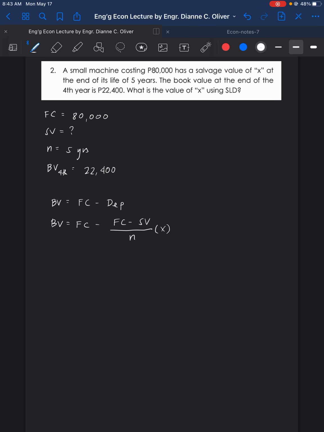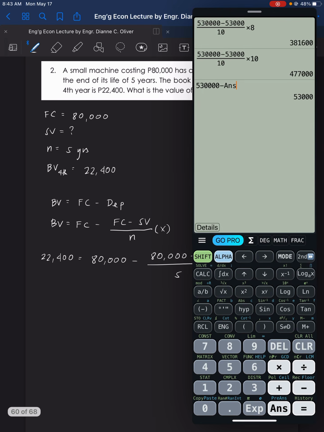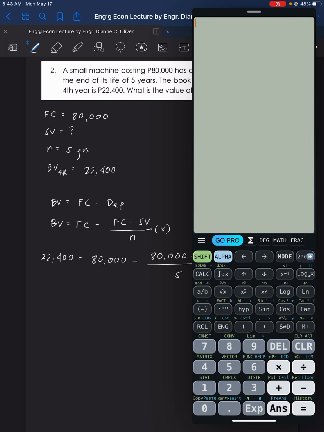So we have here the book value in the 4th year as 22,400 equals the first cost of 80,000 minus the first cost of 80,000 minus the missing salvage value divided by number of years. Life of the property is 5. Then we have here the 4th year of the book value. So we can compute this as shift solve.